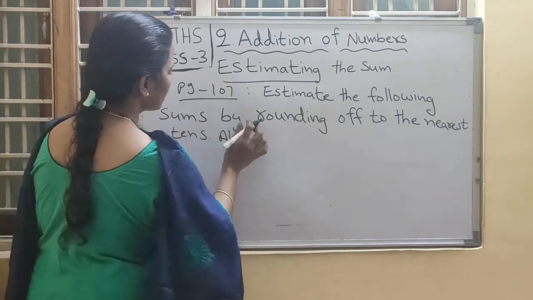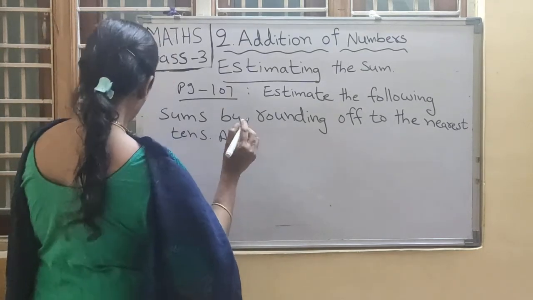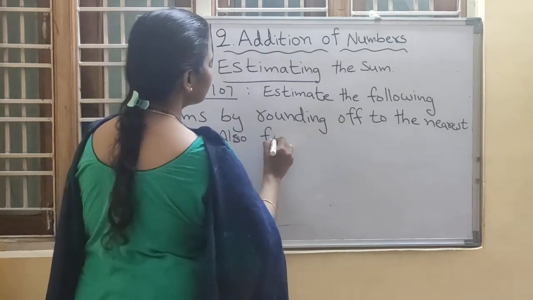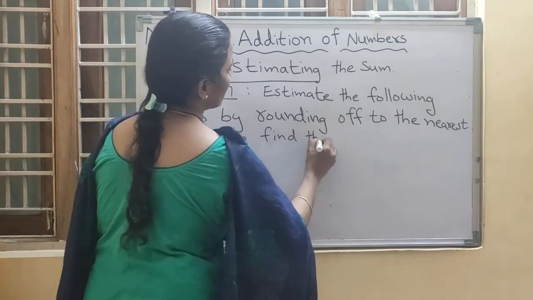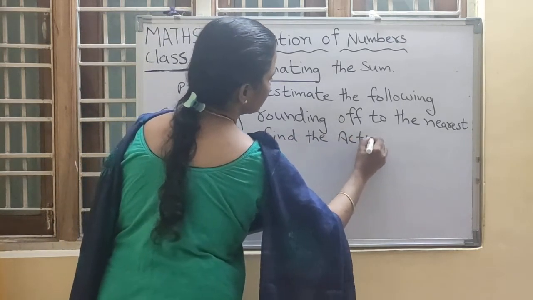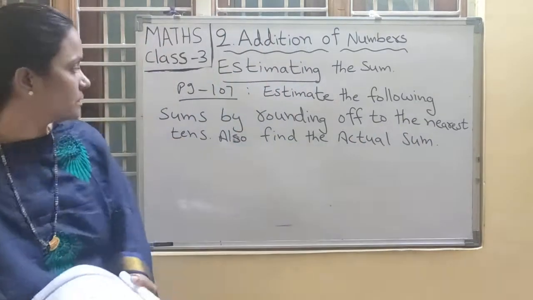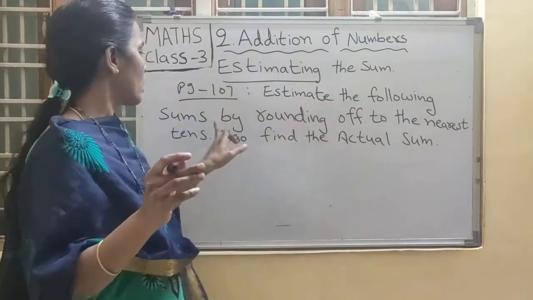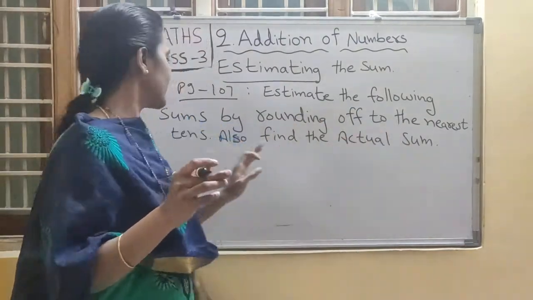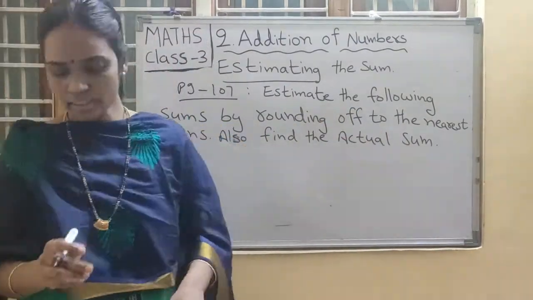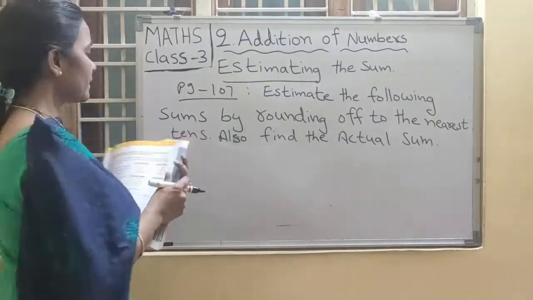Also find the actual sum. This is the question. So we estimate the following sums by rounding off to the nearest tens. Also find the actual sum.